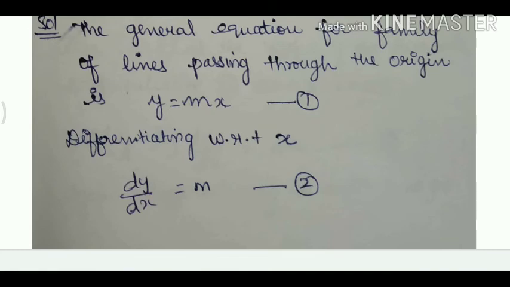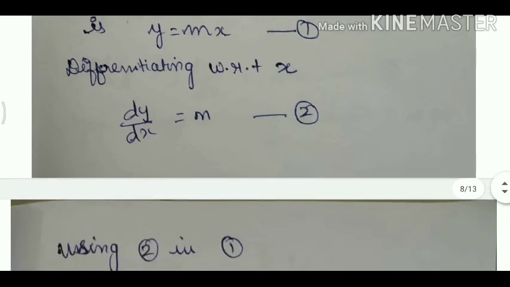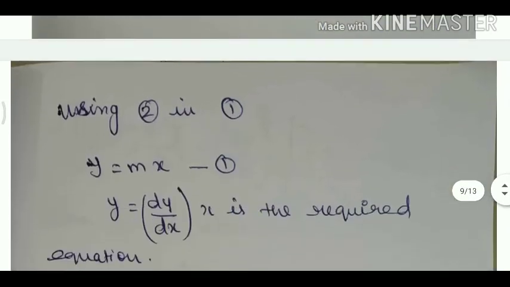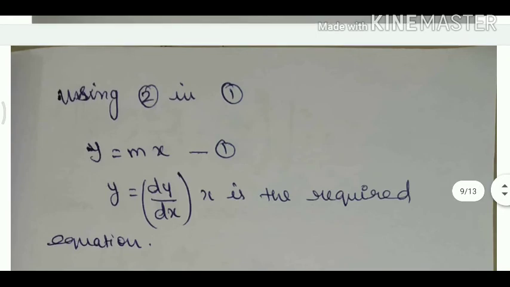Okay, so this is the second equation. Now substitute this value in equation 1. The first equation is y = mx. If you substitute m = dy/dx, you are getting y = (dy/dx)·x, which is the required equation.